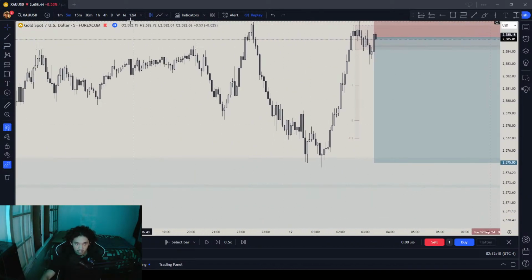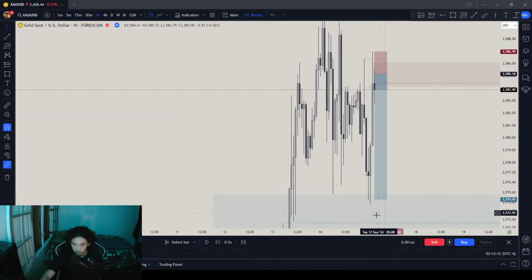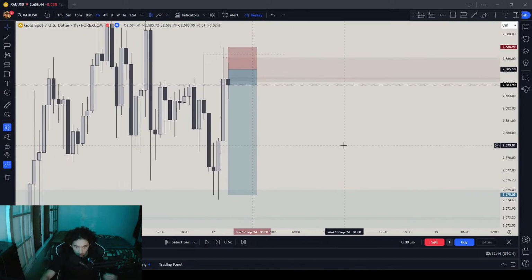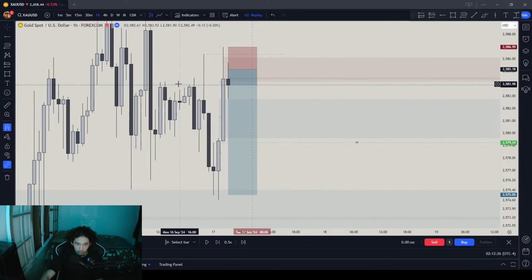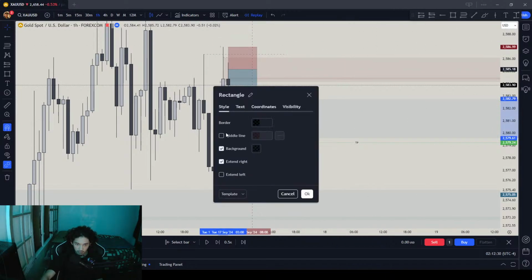So my last and final take profit is going to be on this order block. This order block is going to be our final take profit. This one has a fair value gap, so the 50% mark of the fair value gap is going to be our take profit.